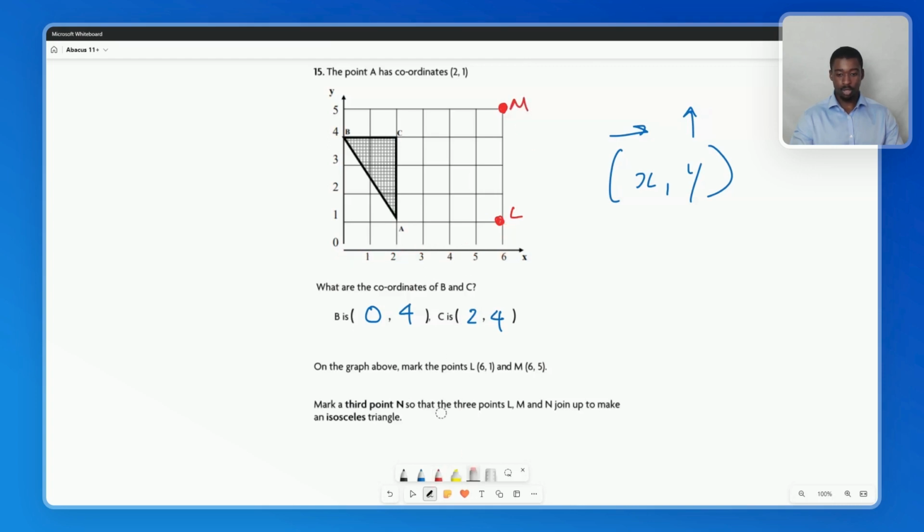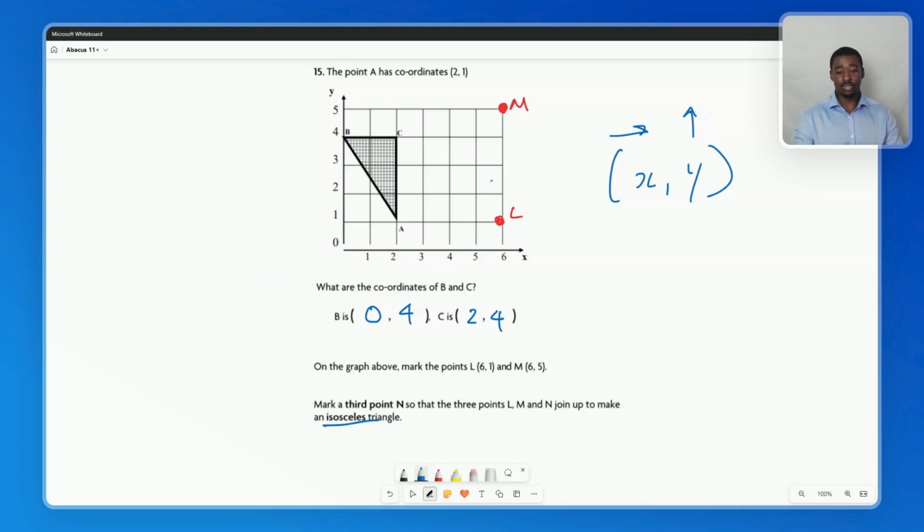Okay. Now mark a third point N so that the 3 points L, M, N join up to make an isosceles triangle. So we need to know what an isosceles triangle is. An isosceles triangle is a triangle where two sides are of equal length. And because we have two sides of equal length, that also means we have two angles of equal size or two angles of equal value.